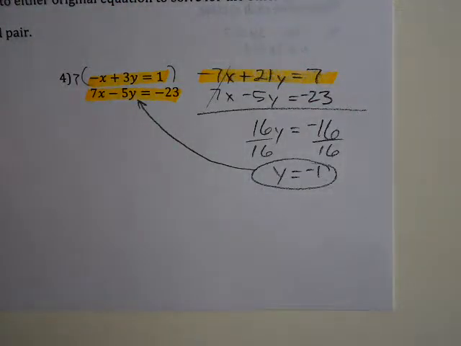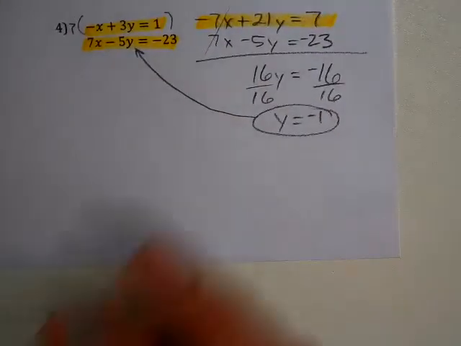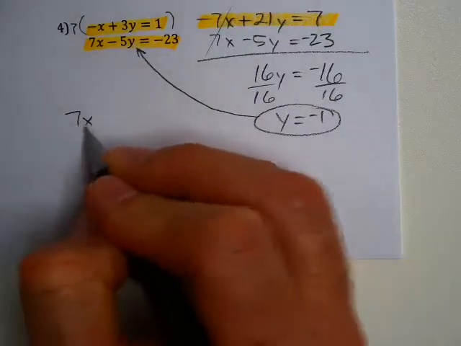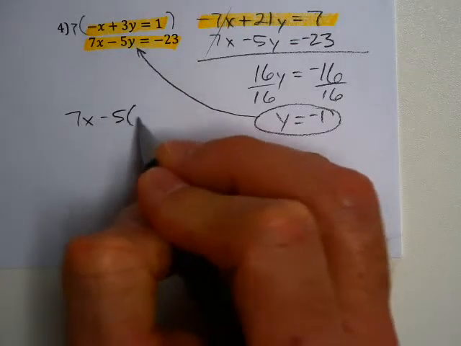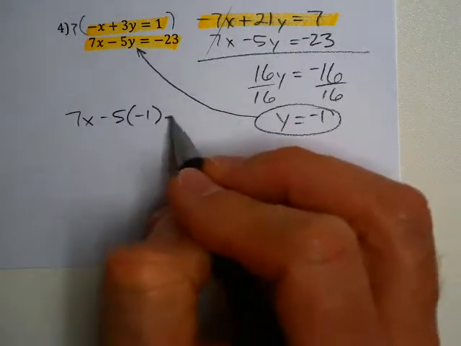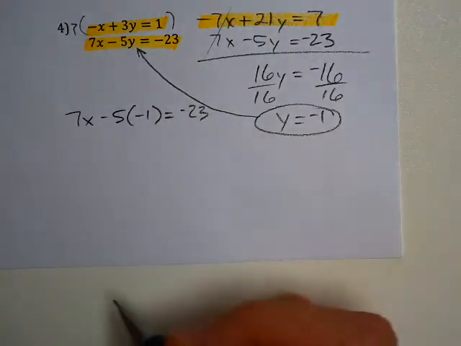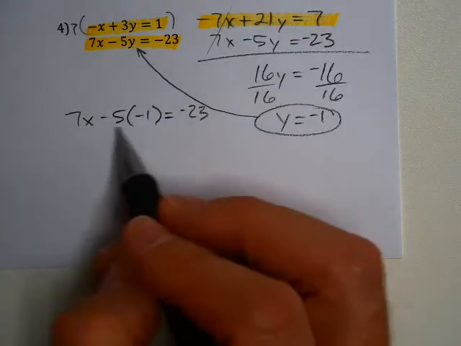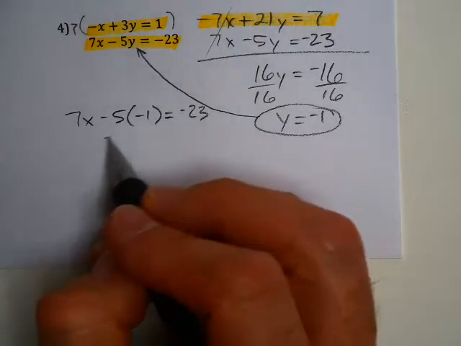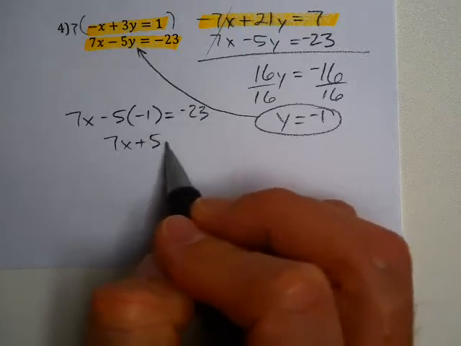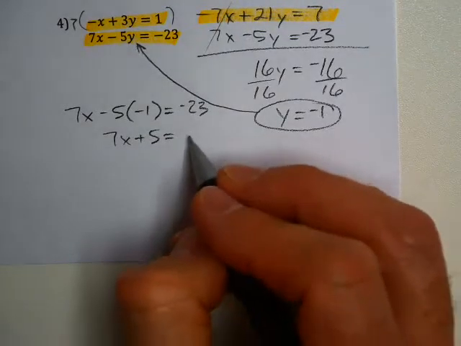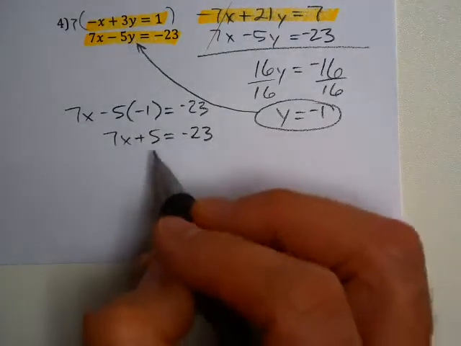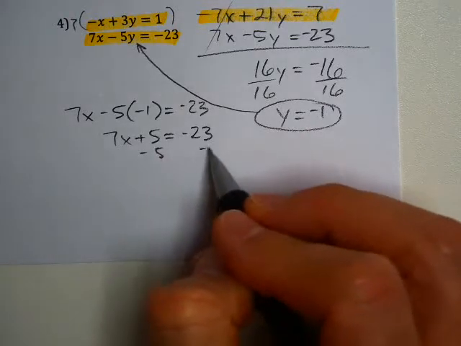Okay. So if I go 7x minus 5 times negative 1 equals negative 23, well, these are going to change to a positive, so I get 7x plus 5 equals negative 23. Subtract 5 from both sides.